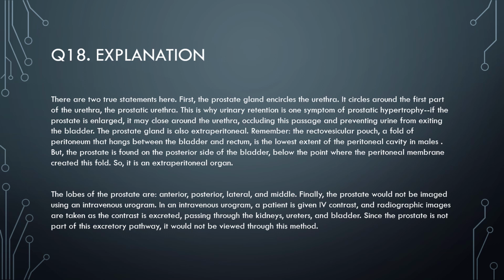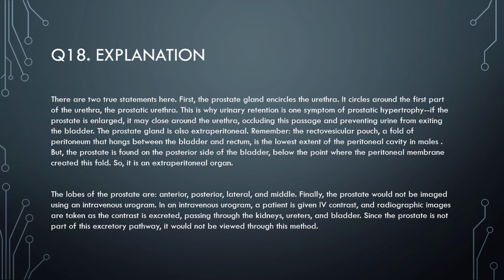It surrounds the first part of the urethra, the prostatic urethra. This is why urinary retention is one symptom of prostatic hypertrophy. If the prostate is enlarged, it may compress the urethra, including this passage, preventing urine from exiting the bladder.